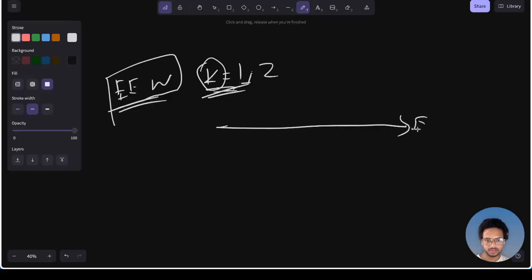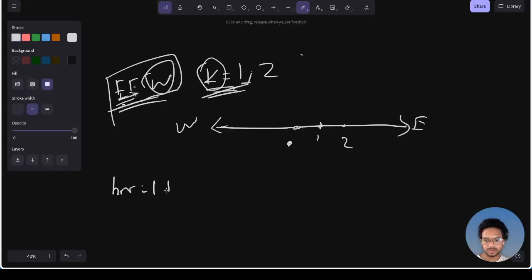Here is east and here is west. This is 0, right? So for east, horizontal will be 1.